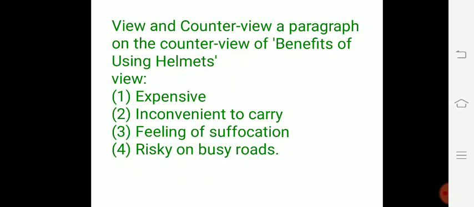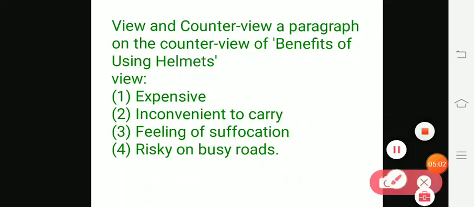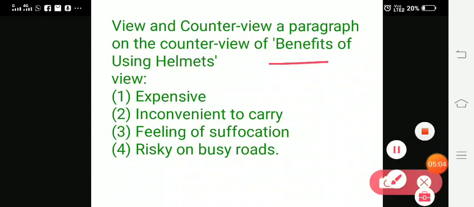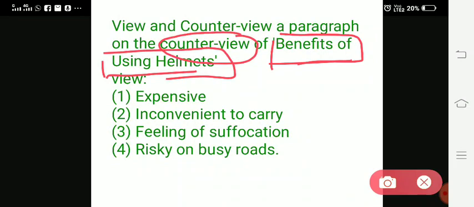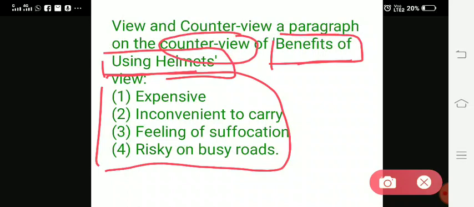Already the title is given, and the title is counter view. Here the counter view heading is given, that is benefit of using helmets, and the view section is given.